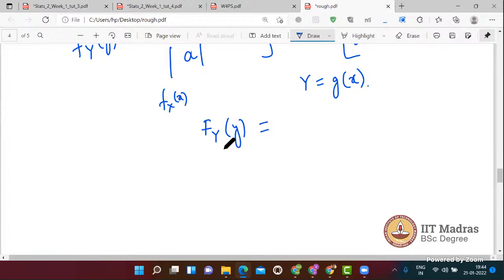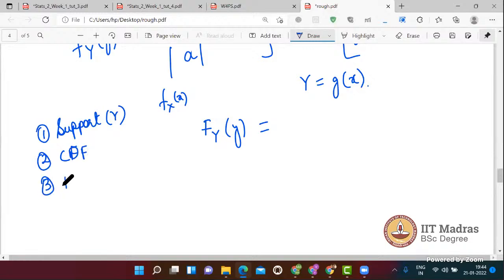There are generally 3 steps to calculate. First, you should calculate the support of y. Then calculate the CDF. Then calculate the PDF. PDF can be calculated directly by differentiating that CDF. So here you can find it directly.